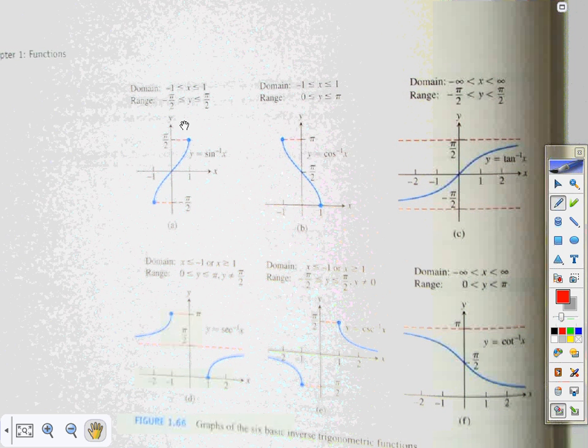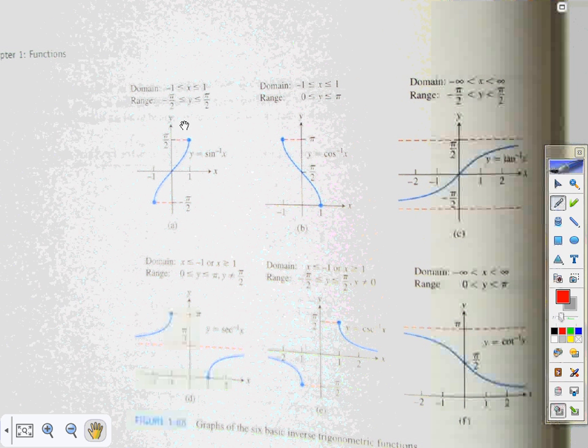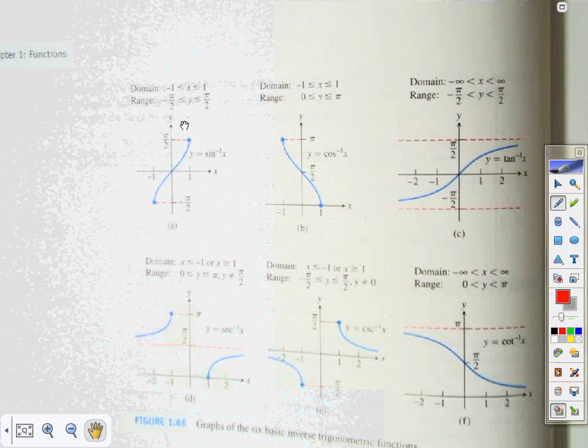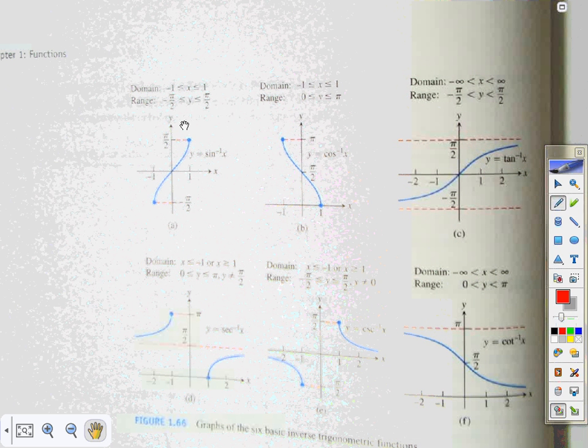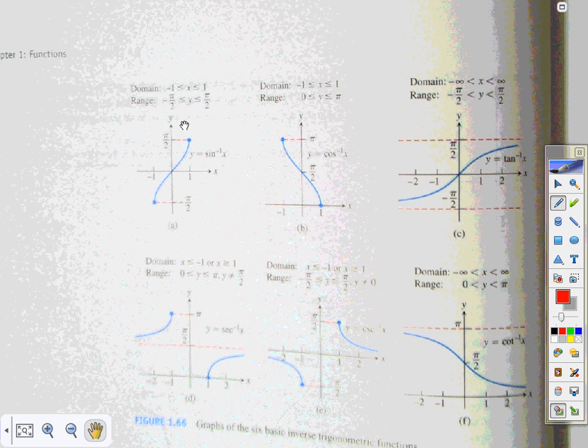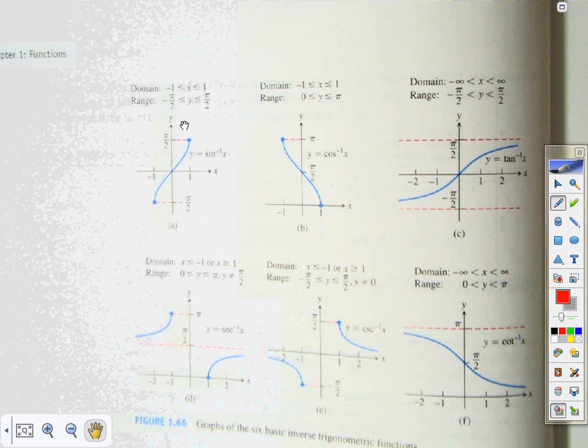Solve that for y. You have to say y equals inverse sine of x. So there's the inverse sine of x.